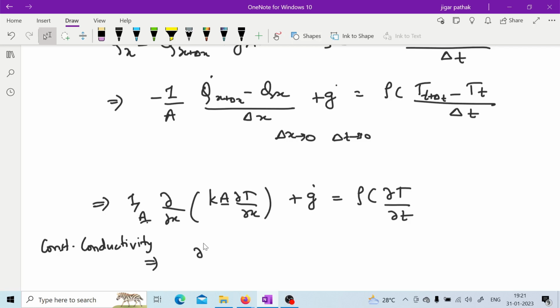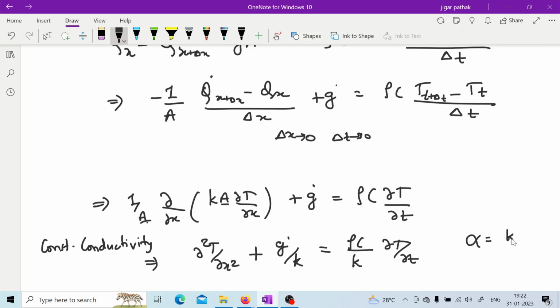So here if you consider K as constant, then your equation can be modified as del square T upon del x square plus this generation of heat divided by K equals rho C by K del T by del t. Here basically thermal diffusivity is defined as K by rho C. So further simplification can be given as 1 upon alpha del T by del t.